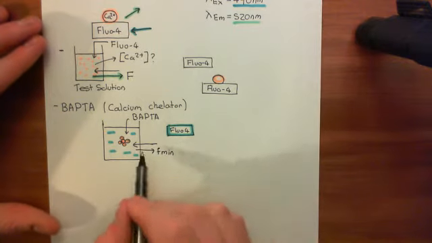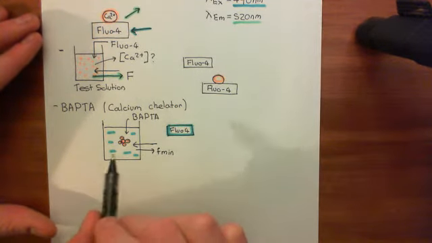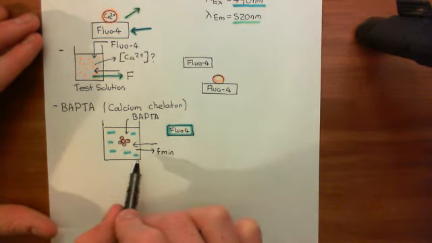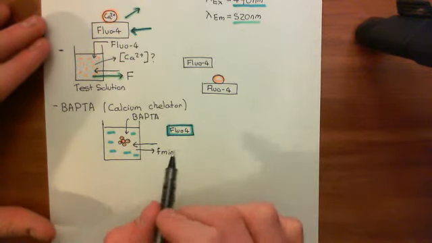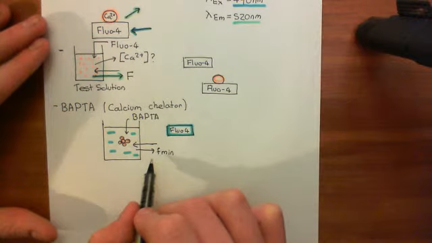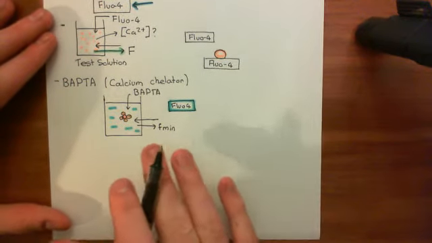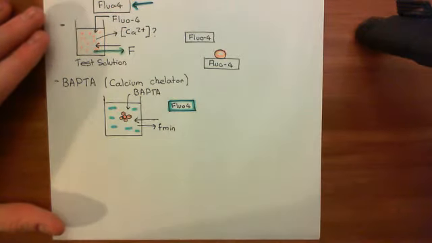You'll record the intensity of the light that comes back when you have added BAPTA, and therefore where there is no free calcium, and where all of the Fluo-4 molecules in your solution are free and don't have calcium bound to them. This tiny little intensity will be called our F min, and I'll show you how we're going to use all of this to calculate the free calcium concentration in a moment.